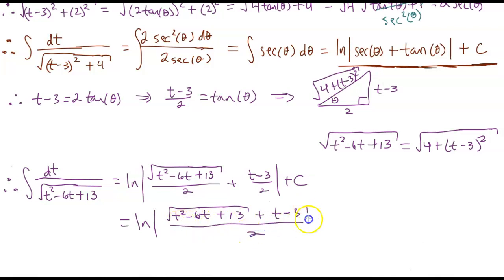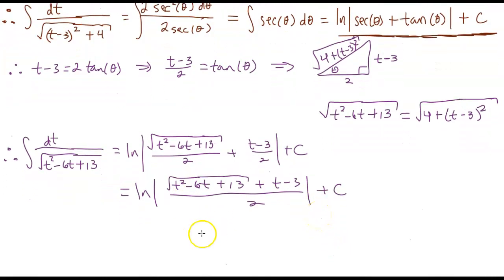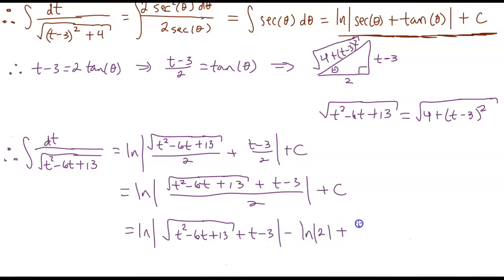And then, of course, we can use our log properties to rewrite this as natural log of absolute value of the numerator minus natural log of absolute value of 2 plus c. And all of this, c minus natural log of absolute value of 2, could just be one other constant here.